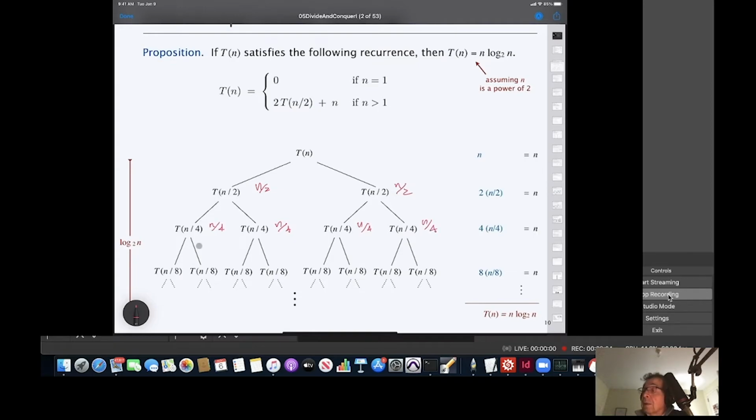So the total number of compares is 4 times n over 4, which is still n. And that will continue happening for each of the levels until the last level. Then how many levels do we have in a binary tree? Well, that's log 2 of n. And each of those levels is adding n compares, so the total number of compares would be n times log 2 of n.